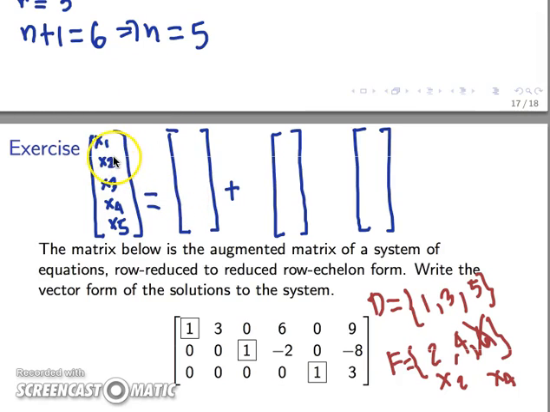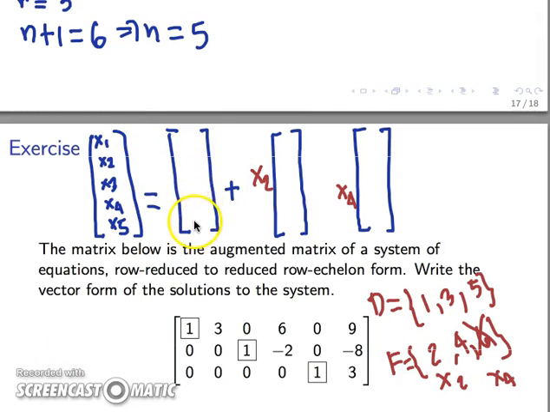So that means that in the solution vector, x2 and x4 are going to be used as the coefficients in the linear combination. So we're going to write here x2 and here x4. The things to watch out for are the entries of the dependent variables.